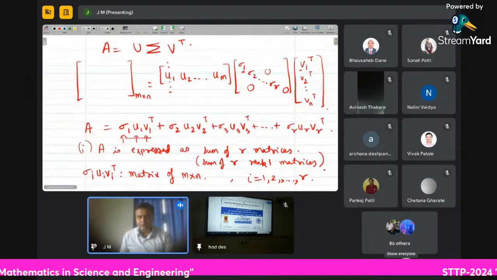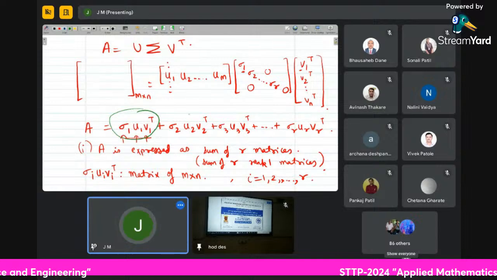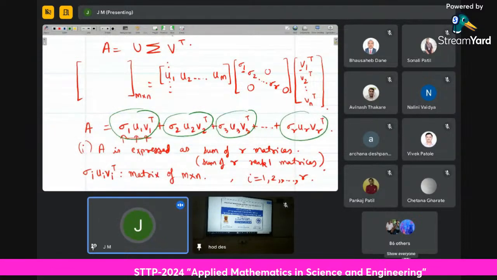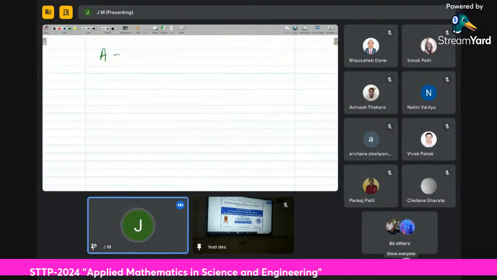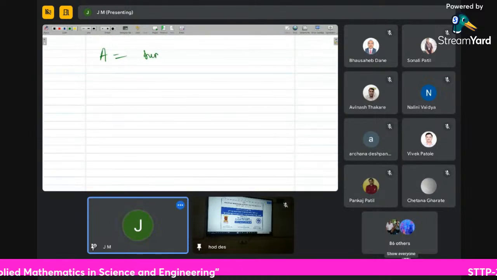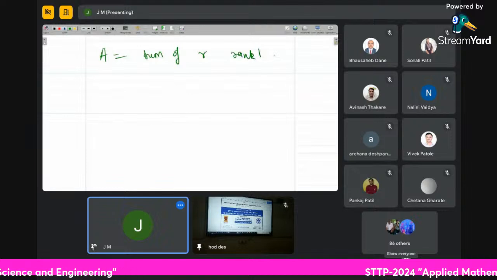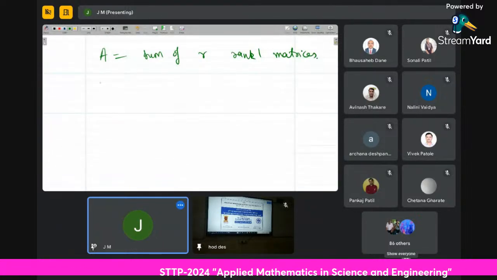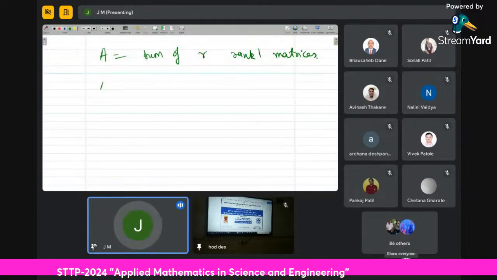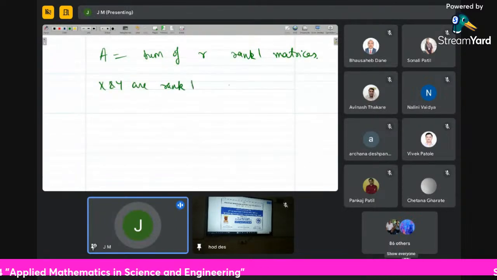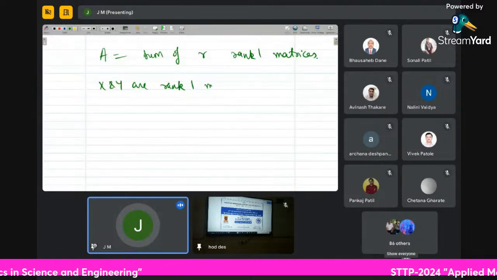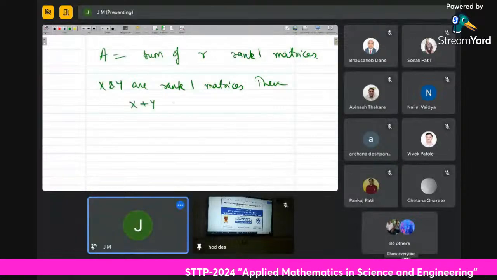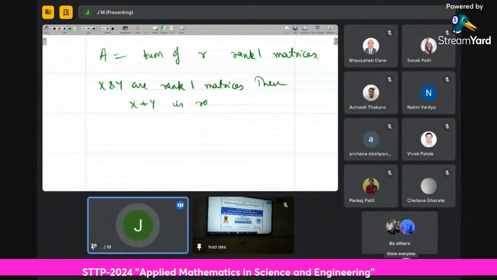And because of this reason, we get sums of rank 1 matrices. Okay, and that's the beauty of SVD. If X and Y are rank 1 matrices, some basic stuff that one should know, then X plus Y is a rank 2 matrix.